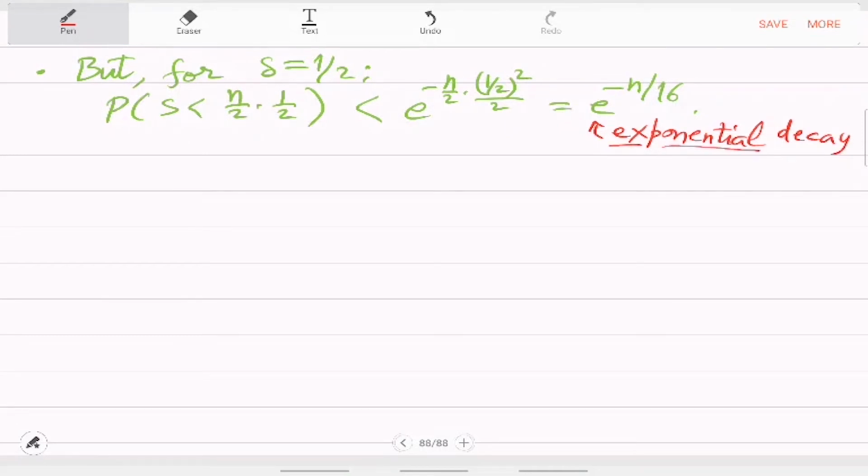Okay, and that is the strength of Chernoff bound. This is not something which the law of large numbers can give you. So this is the gap between linear and exponential.